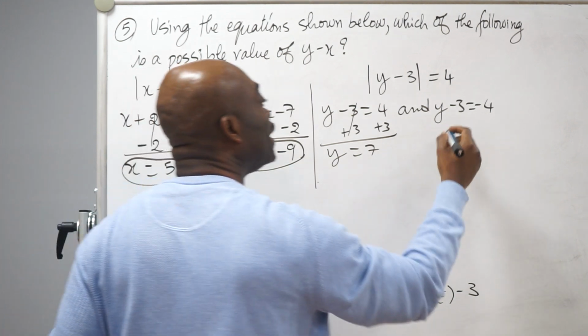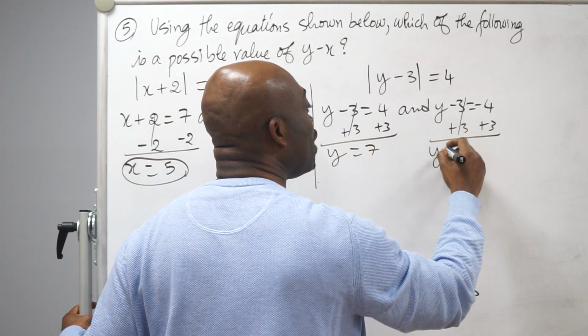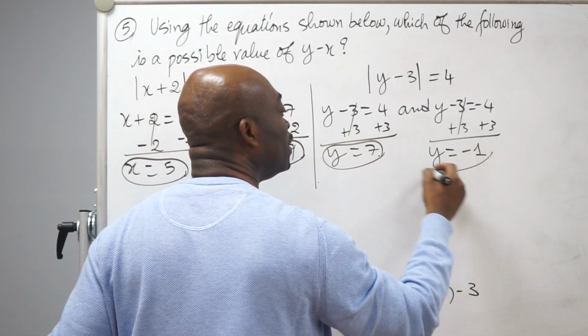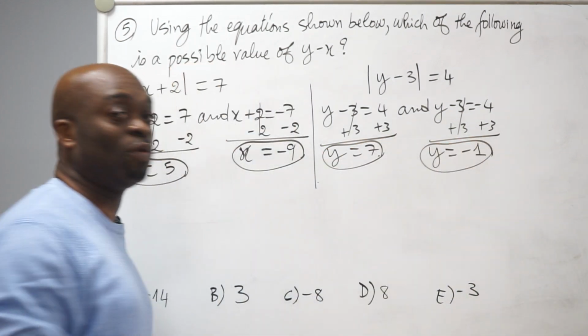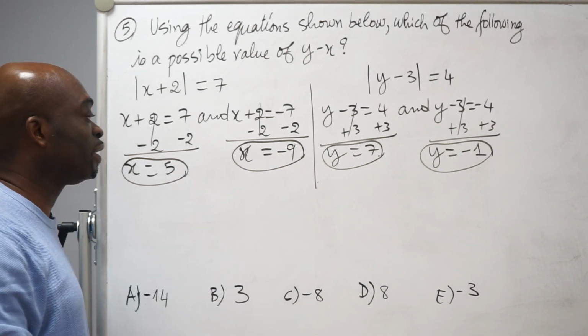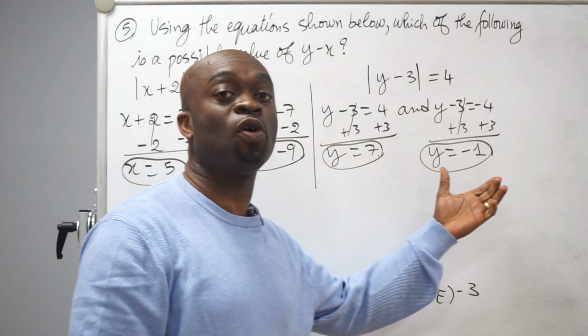All right? And then this one here, plus 3, y equals negative 1. So we have this one, and then we have that one. Okay? Those are the two answers for the x and the two answers for the y.